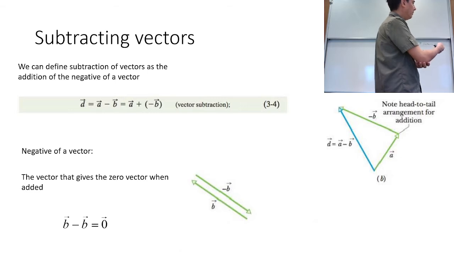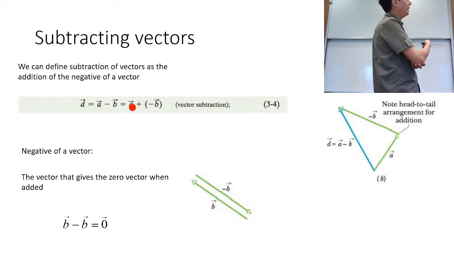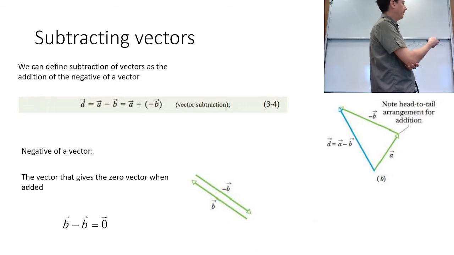For example, if you wanted to do something like A minus B, I'm going to use the other screen. A minus B means you do A, and then you add the negative of B. And what is the negative of B? That's just the same vector, but pointing in the opposite direction.